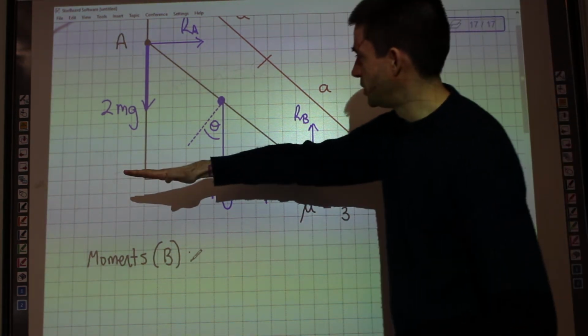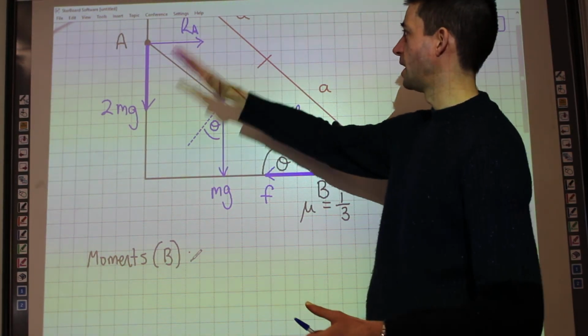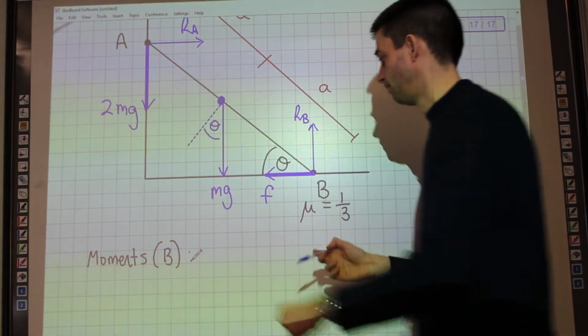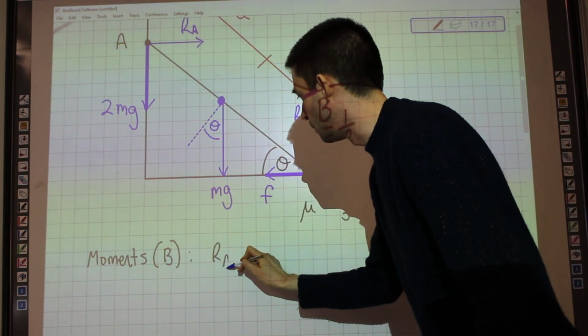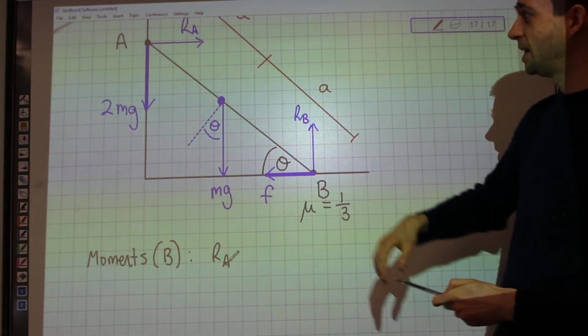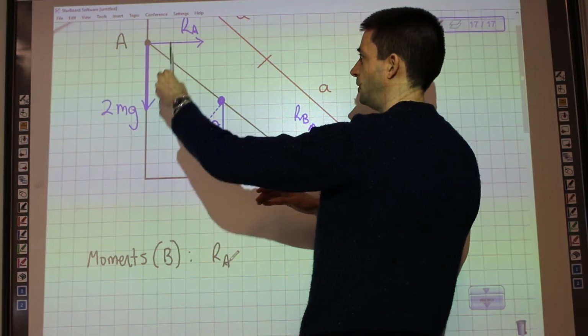So what forces do I have that are going to want to make this ladder go in a clockwise direction? And I can see that I've got this reaction at A that's going to be wanting it to turn that way. And I need to consider, okay, what is the perpendicular distance from the point to the line of this force?